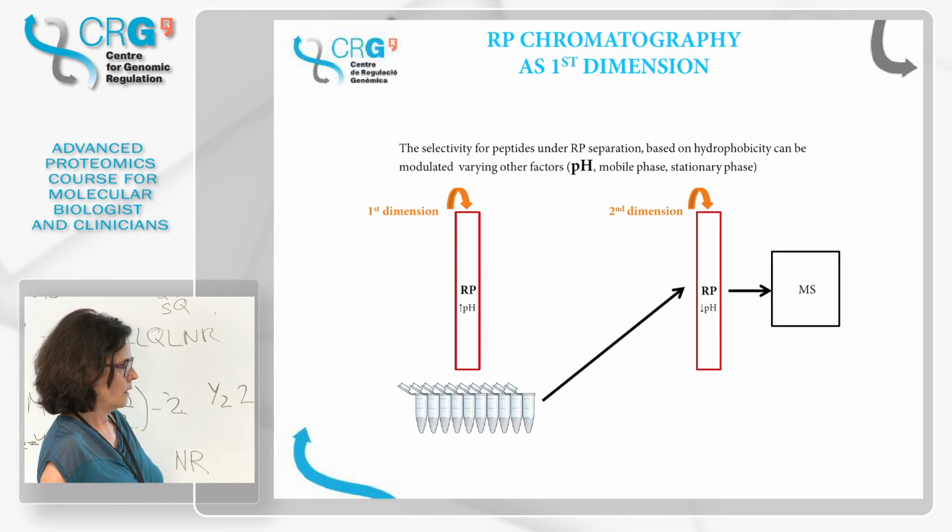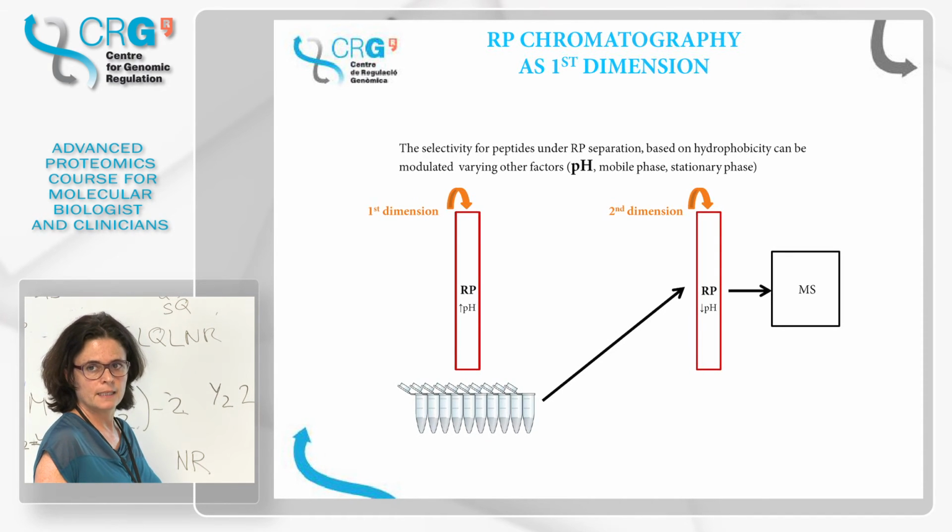The typical reverse phase is done at low, acidic pH, but you can fractionate the samples using reverse phase at high pH. You need a special type of column, but this separation is pretty orthogonal, and it works really well.